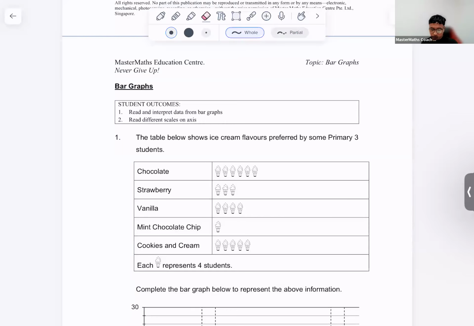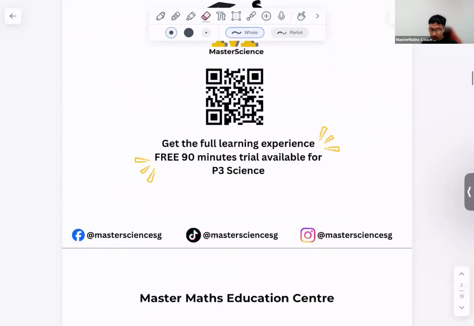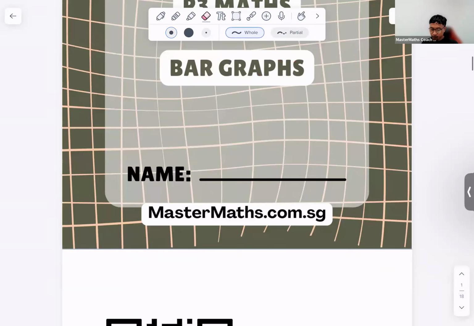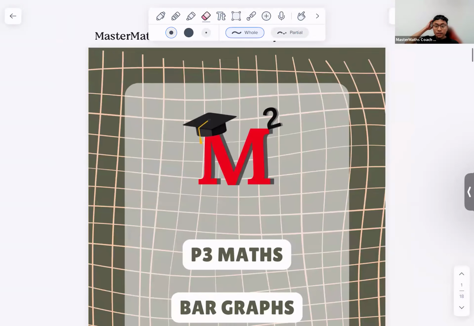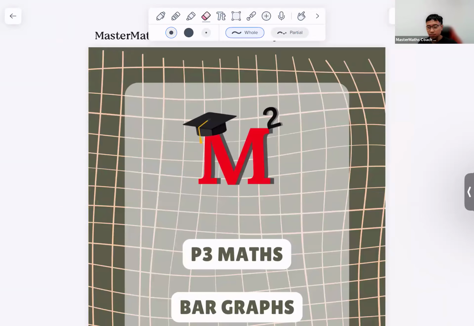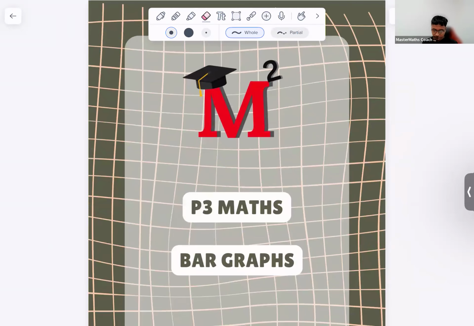Okay. So today we'll be starting on bar graphs, and last week we had our test, but I still need some time to mark. So before we go through the bar graphs again, all right.